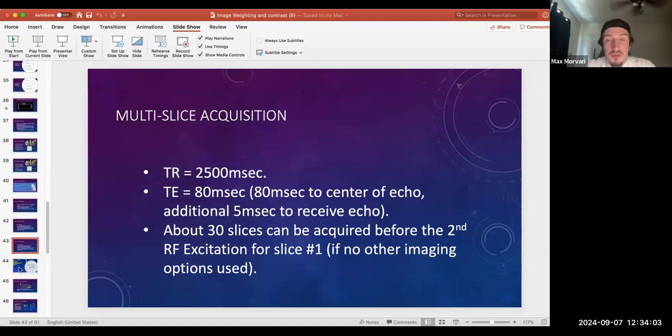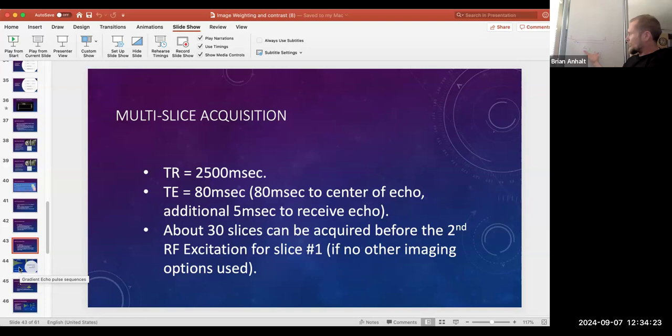So in a nutshell, the MSA is just used so we can get more echoes out of a slice. If we increase the TR, we can get more slices, but that would affect the type of weighting we get. Multi-slice acquisition is the engineering behind how MRI data is gathered.